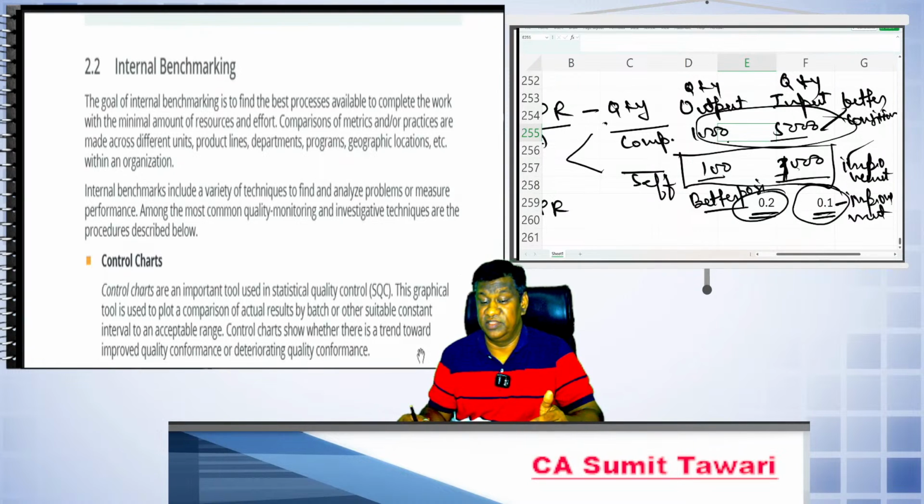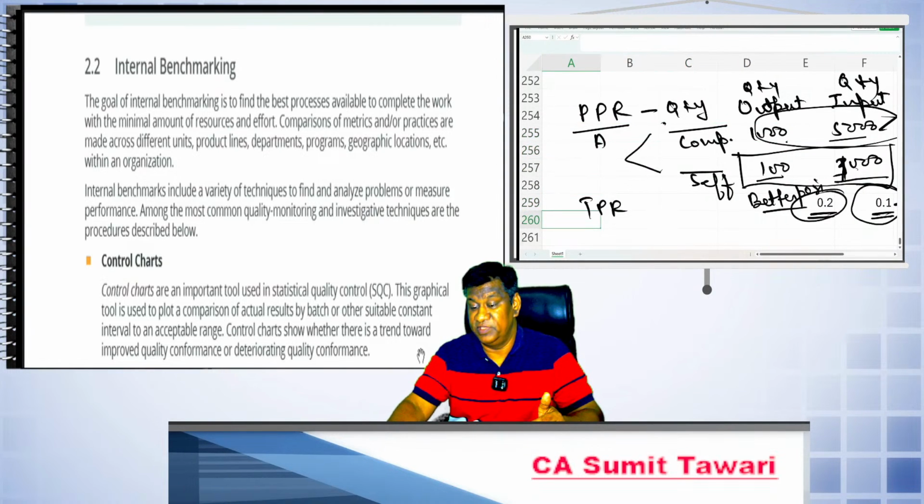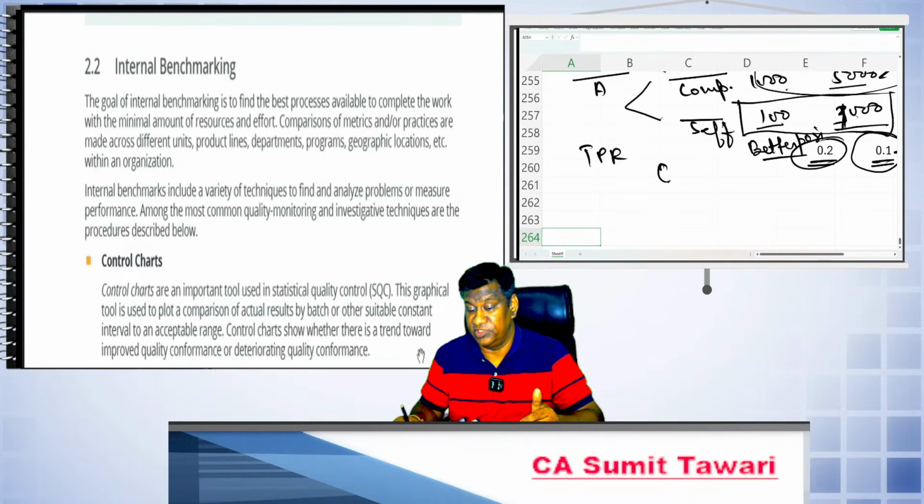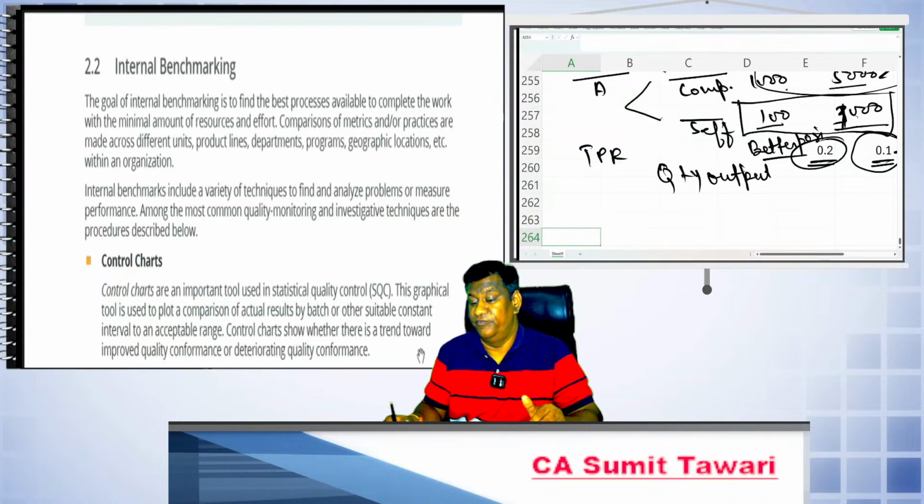So that is basically the PPR, partial productivity ratio, and the TPR is the same thing, but we are comparing the quantity output with quantity cost.